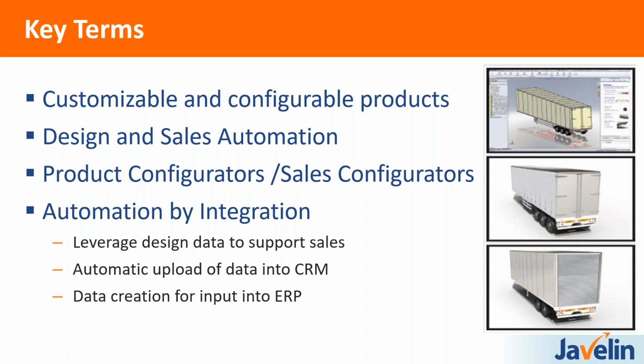But where you see, for example in this image, a trailer that could be a different size and have different accessories and options, that's what we term configurable or customizable products. We refer to design automation, but there's also sales automation and product configurators, sales configurators. Rather than talk about them, I'm going to show you exactly what we mean, because it's going to make the point really well.